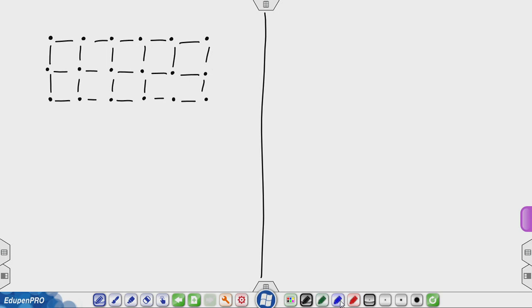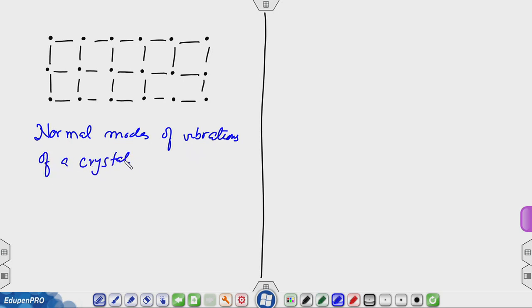So, what we have learnt about is the normal modes of vibrations of a crystal, and these are nothing but collective oscillations of all atoms.